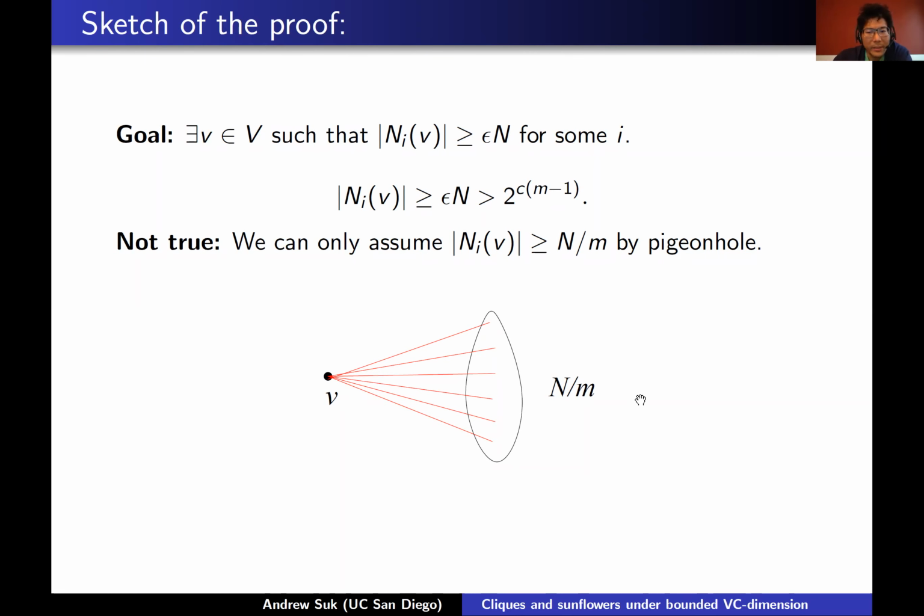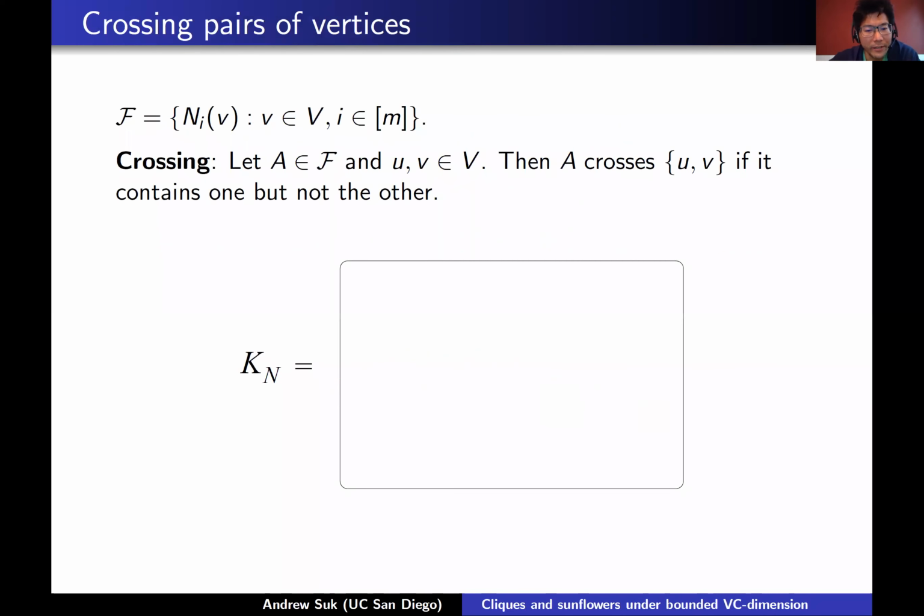In order to improve the situation, what we do is we apply a partition theorem on the vertex set that gives us some structure of our colorings. But before I can state this lemma, I need one definition. Remember, we have this neighborhood set system F here.